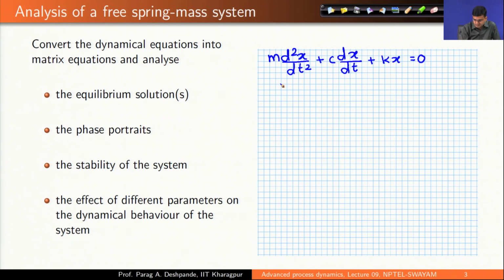I will assume dx by dt as y, which means I have m dy by dt plus c y plus k x is equal to 0.